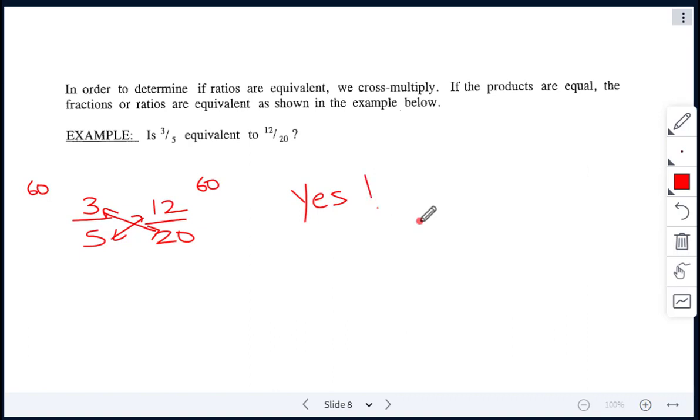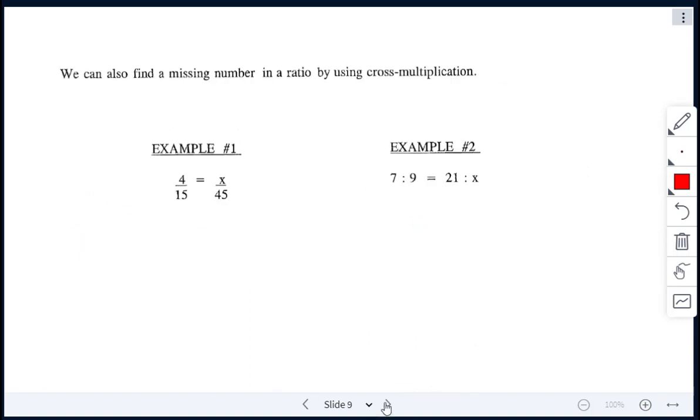And we can use this method of cross multiplication to figure out a missing part in a fraction or ratio question like these. Sometimes you can just figure it out using our equivalent fraction method, but you can use the cross multiplication method.